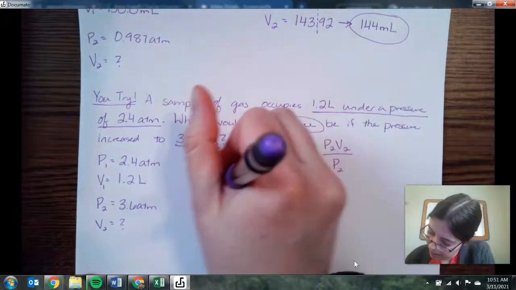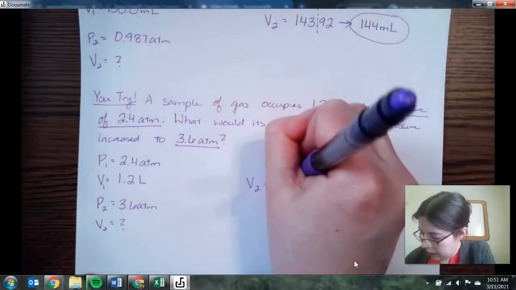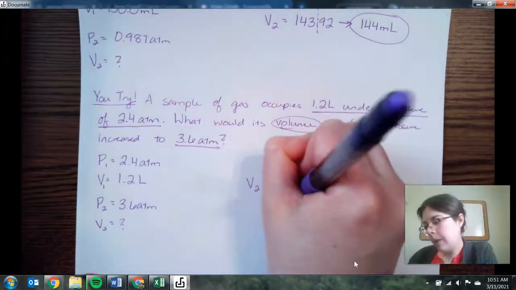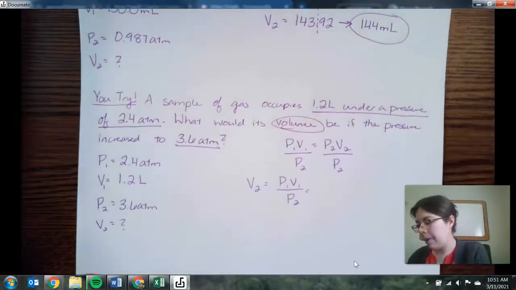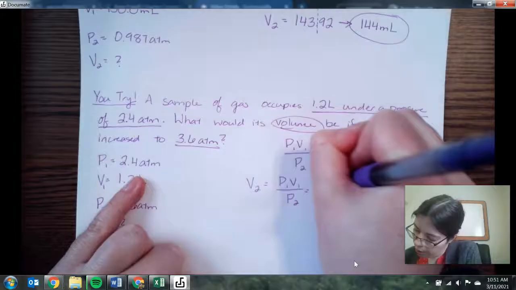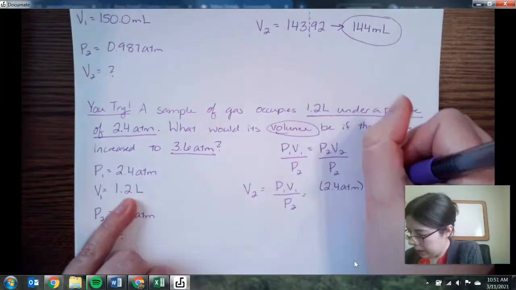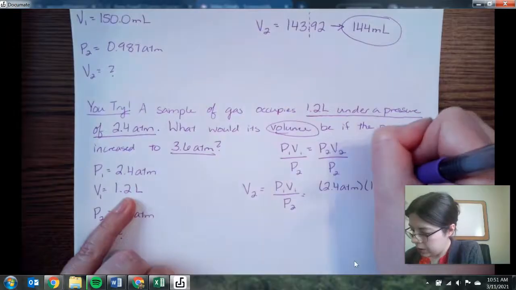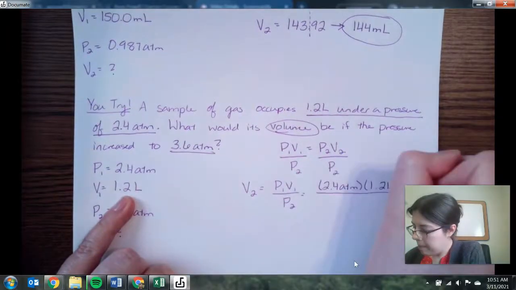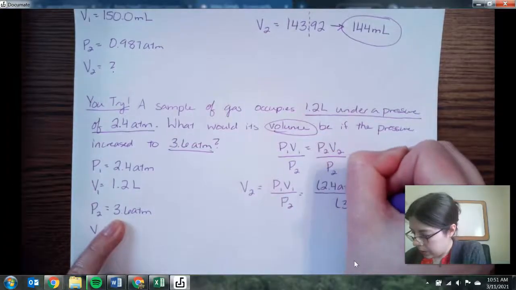So I get V2 is equal to P1 times V1 divided by P2. And then I'm going to plug in my values. So my P1 is 2.4 atmospheres. My V1 is 1.2 liters. And then my P2 is 3.6 atmospheres.